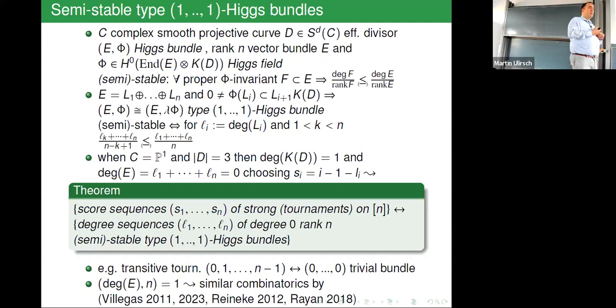So a tournament, some orientation on your graph, with that sequence, does it have a geometric meaning? That's exactly the $8 million question which I referred to in the beginning. I don't yet know. I'm going to give you many dictionaries, because with this question, we don't yet understand what exactly a tournament is going to mean on the Higgs bundle side. And I believe that's what this book is about.